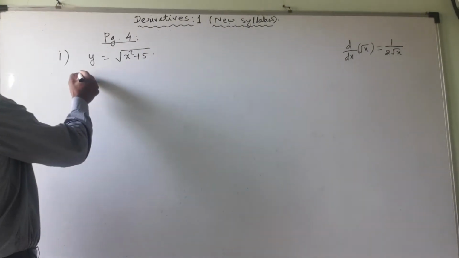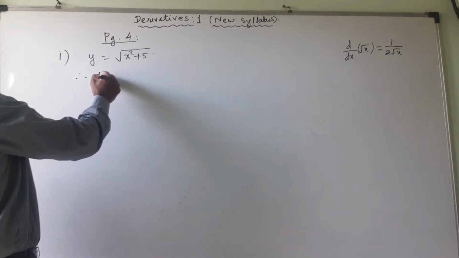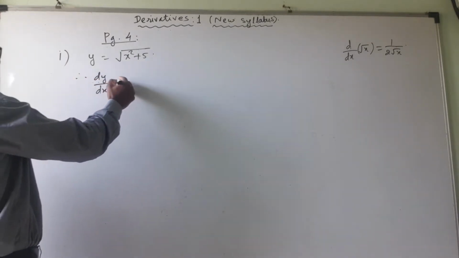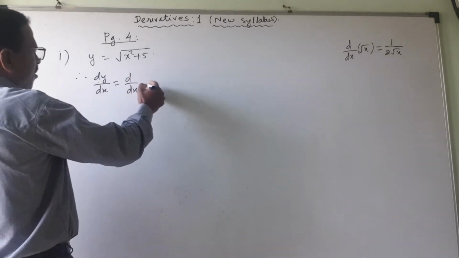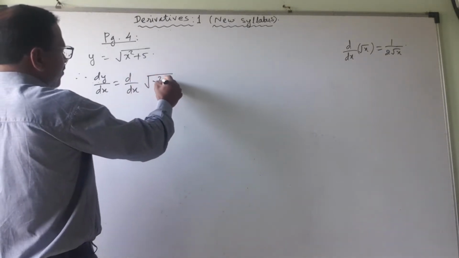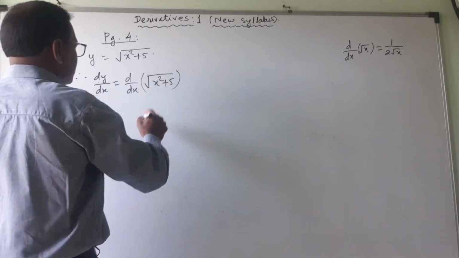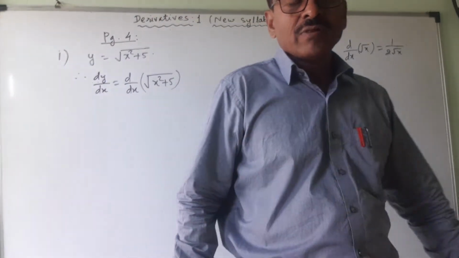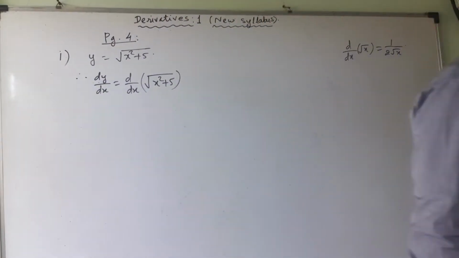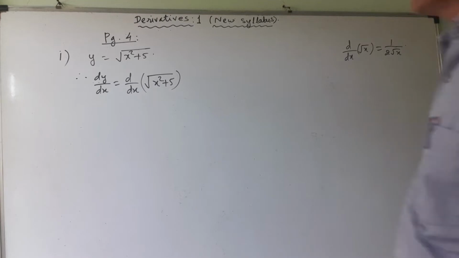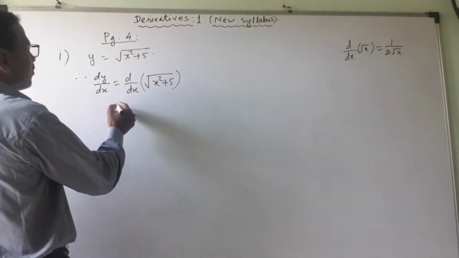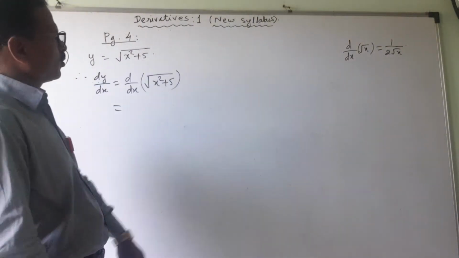So therefore dy by dx is equal to d by dx of root of x square plus 5. Just I am writing that I am going to take the derivative. So the derivative of root is 1 upon 2 root.